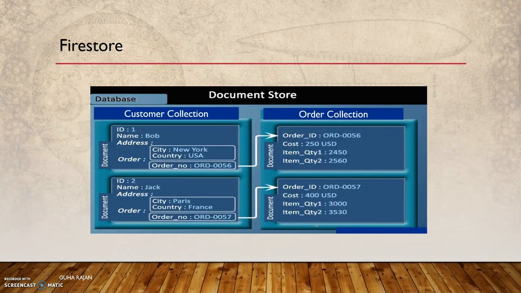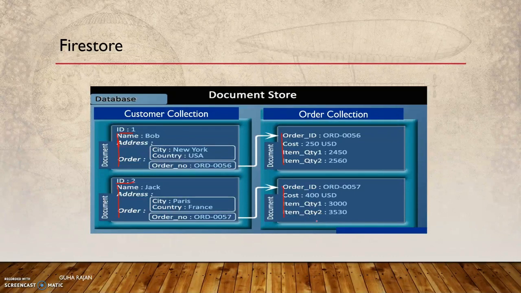This image could give you much more detail, like you have a customer collection and an order collection. In the customer collection, you have a document ID 1 and a document ID 2, and these are the related data to it, like name, address, order, or all the data. Similarly, in the order collection, you have order ID, cost, item, these are all data.